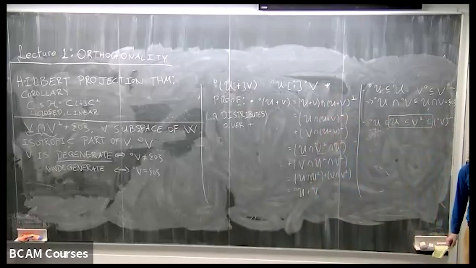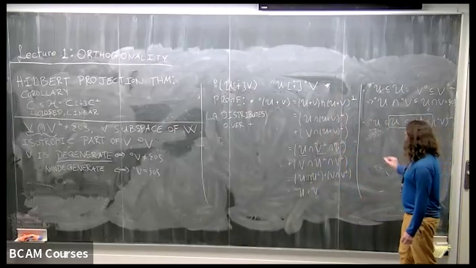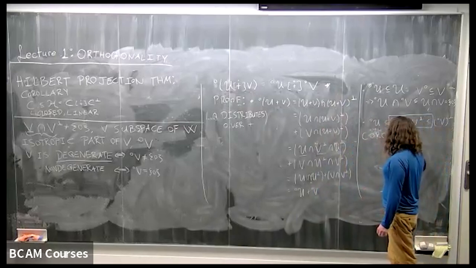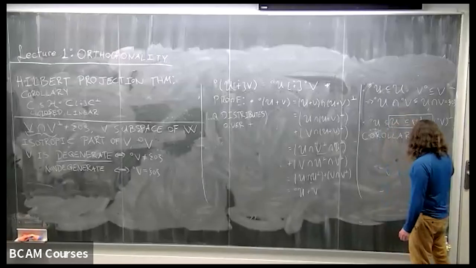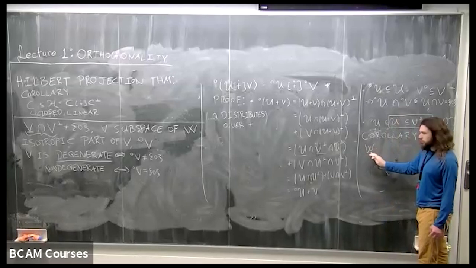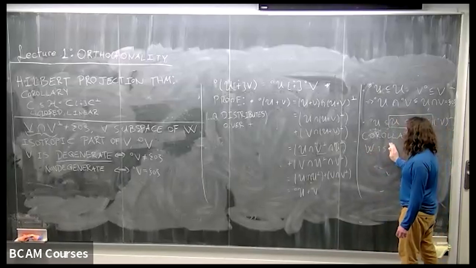Okay, so why did I establish this lemma? There's a corollary that fits into the story of orthogonal bases. So the corollary is this. So let's say that W is our big space, and the big space is non-degenerate.